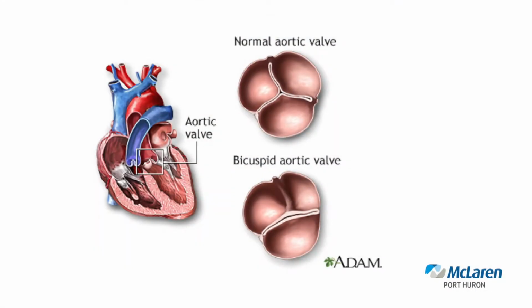That may be because two of the cusps are fused together so that they function as one cusp, or it may be because there are only two cusps there. In either event, the valve still can function normally in the majority of instances. A minority of patients will need something done about their valve when they're a child or a young adult.